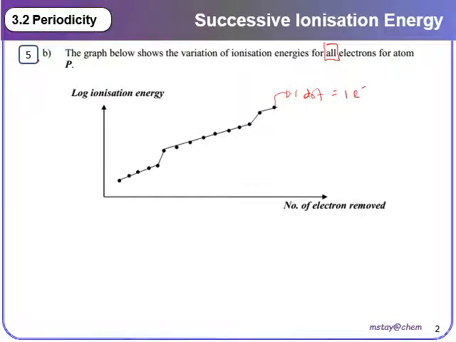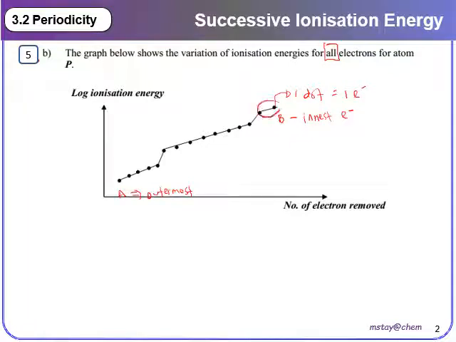Now we have electron A and also electron B. Which electron is from the outermost shell? Yes, very good. Electron A is from the outermost shell, while electron B is the innermost electron.